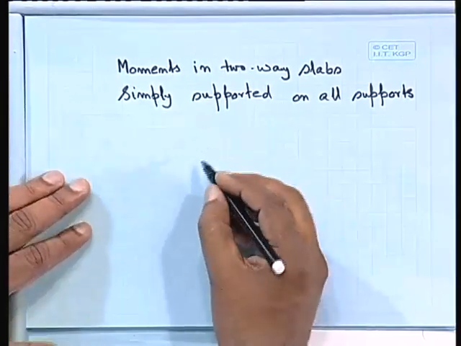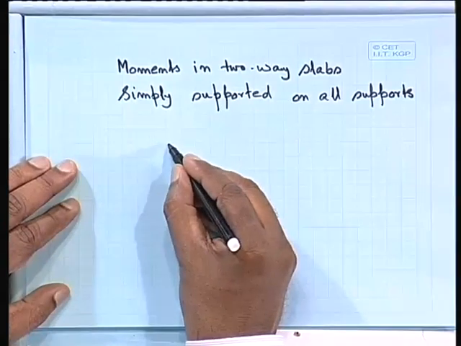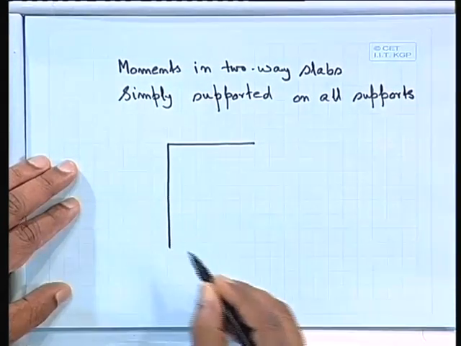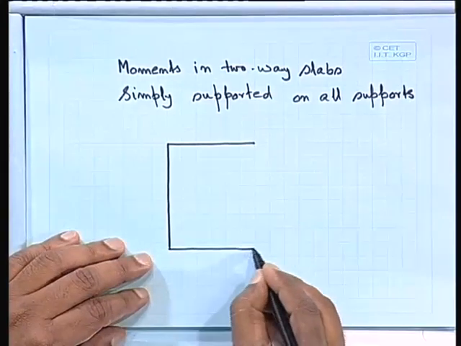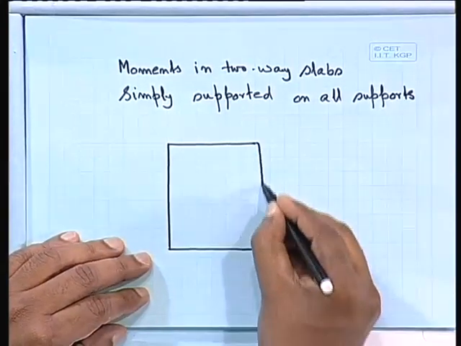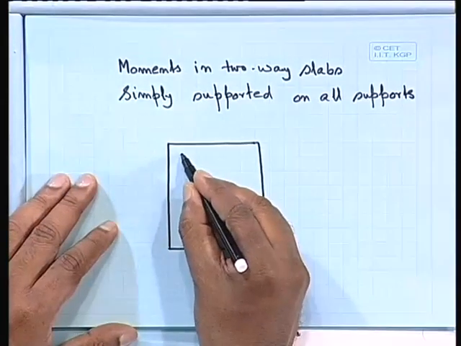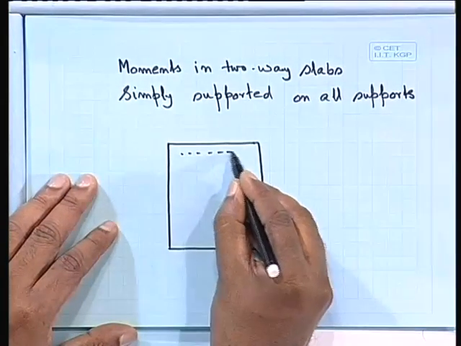This is one case, as if we are having the slab which is supported over, say, brick wall on all four sides.